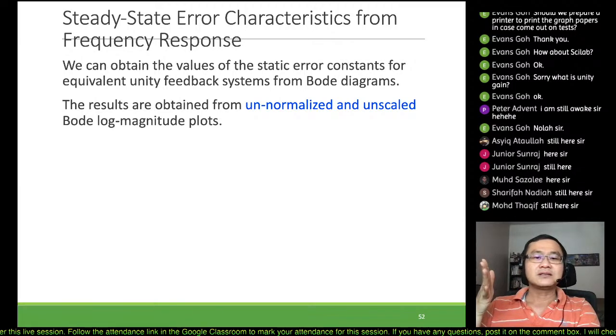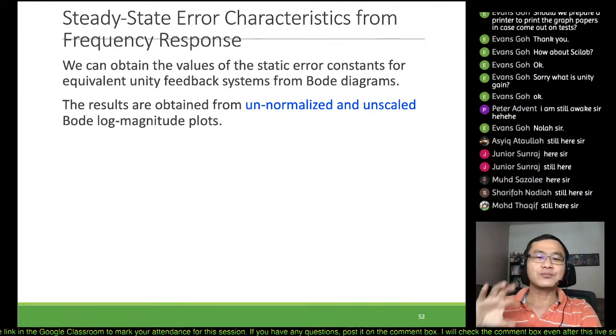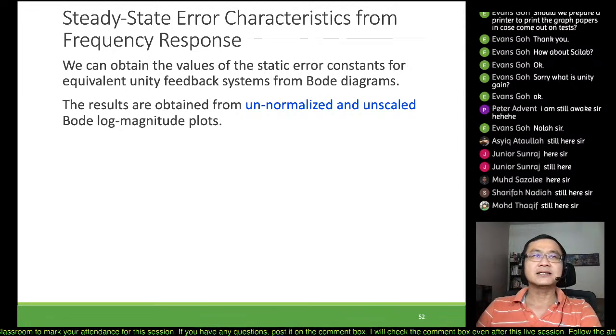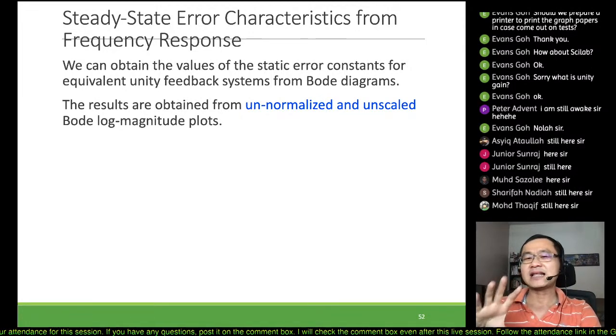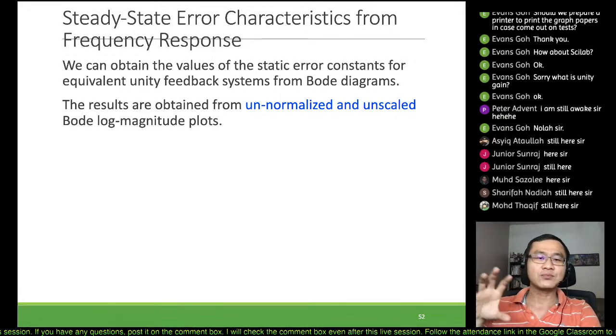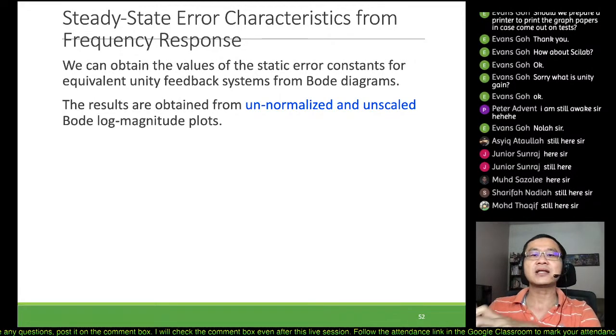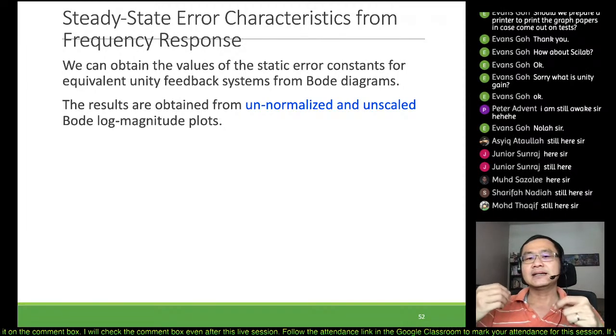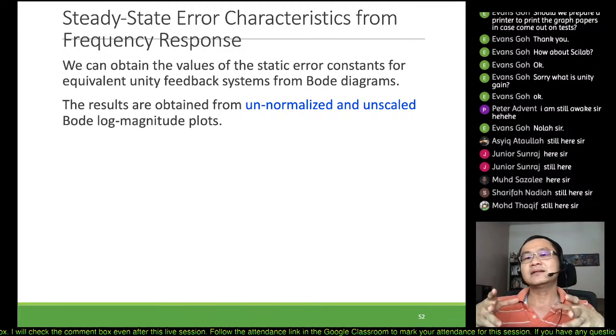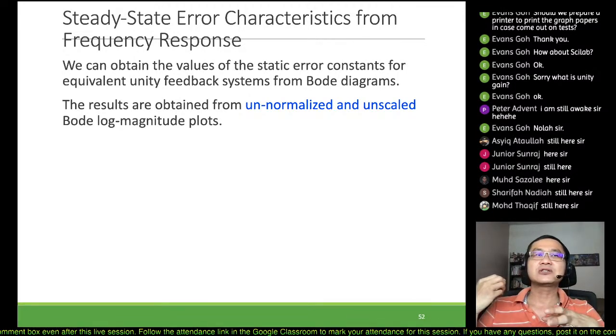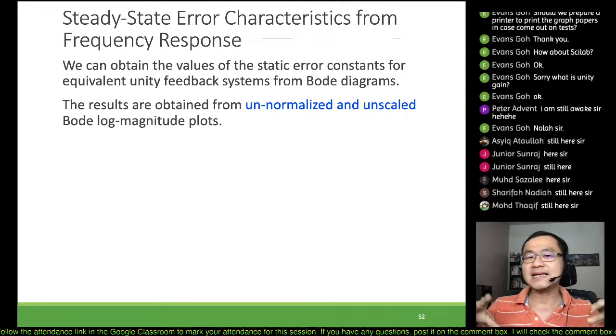The steady state error I will bring to the next sections. Only these last sections remain, so that we will use the steady state error as we design the compensator again.